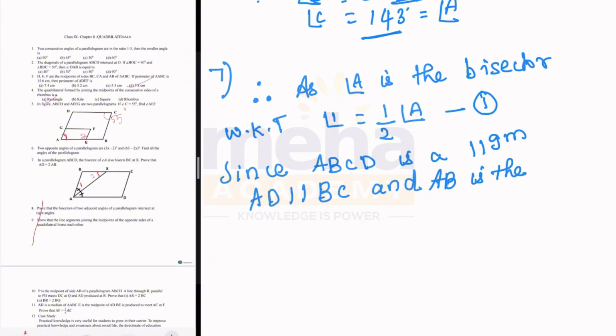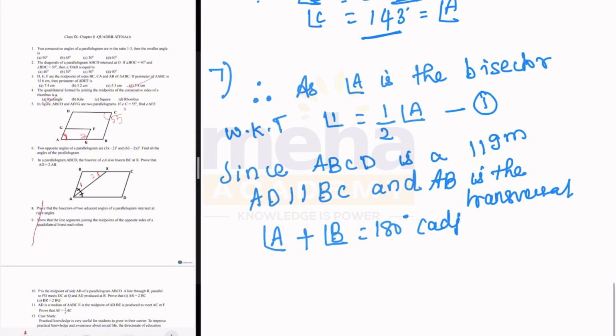So angle A plus angle B is equal to 180 degrees. Adjacent angles in a parallelogram are supplementary, or we can say co-interior angles make 180. So from this I can say angle B is equal to 180 degrees minus angle A.